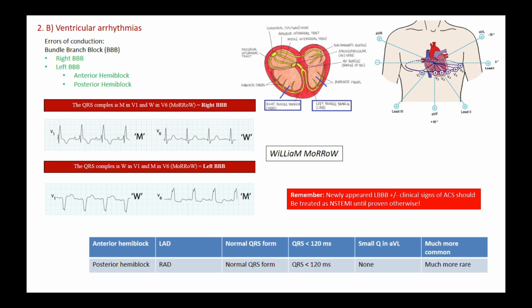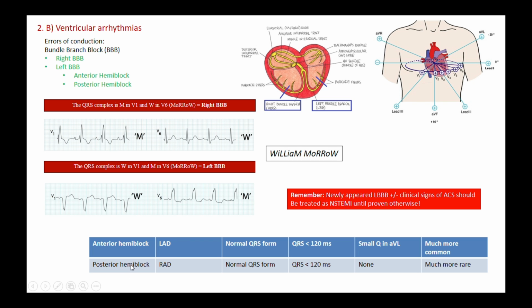If you have no such cause for left axis deviation, you should start to consider the possibility of anterior hemiblock. Also, they tend to have a small Q wave in aVL, but this might be a bit difficult to remember in your clinical practice, among all the other things you have to remember. So, if you have a left axis deviation without any other obvious cause, consider anterior hemiblock.